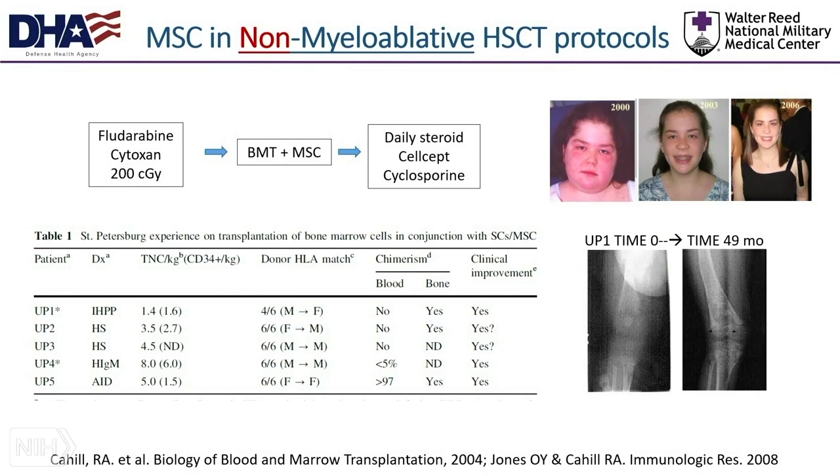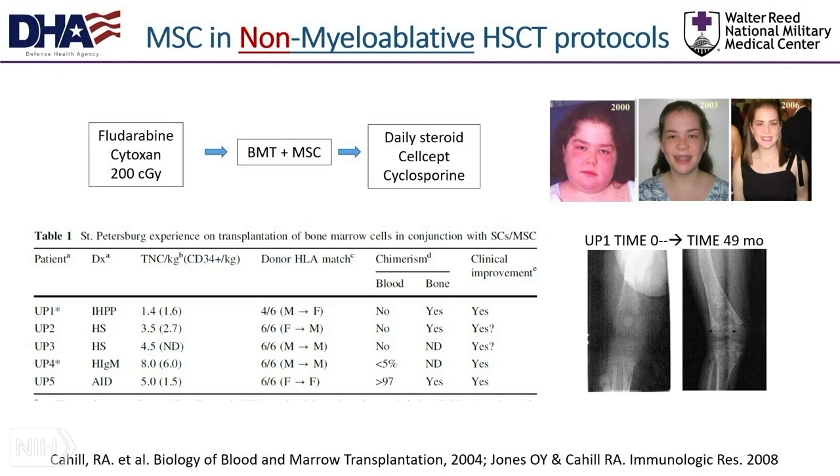And this protocol, again, was repeated by Dr. Cahill. This is his cohort of 5 patients. The last one was my patient here with infantile hypophosphatasia and Hunter syndrome and hyper-IgD. In this study, with a similar protocol, the mesenchymal cells were given as bone chips implanted in the peritoneal cavity, as well as ex vivo expanded mesenchymal stem cells IV.